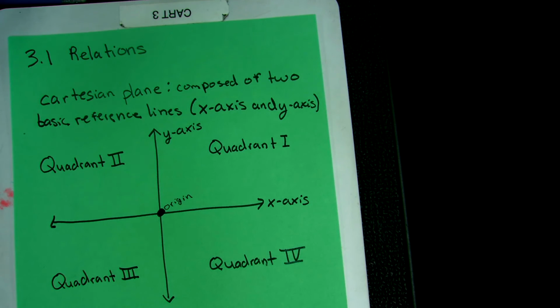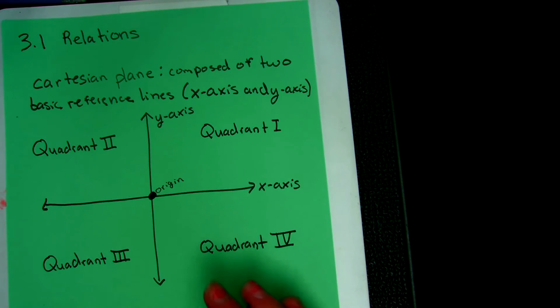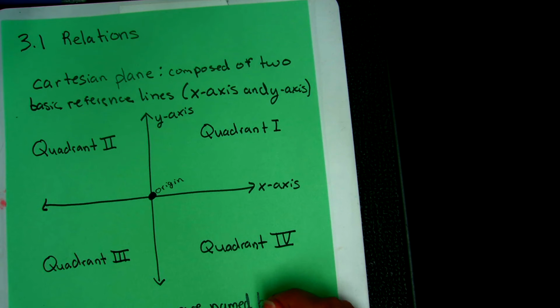Alright, so points in the Cartesian plane are named by ordered pairs.